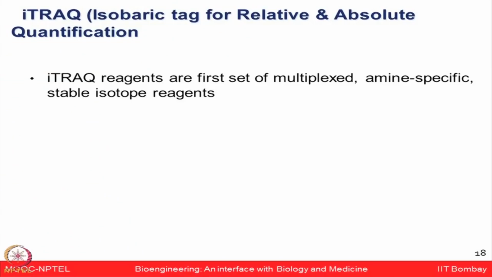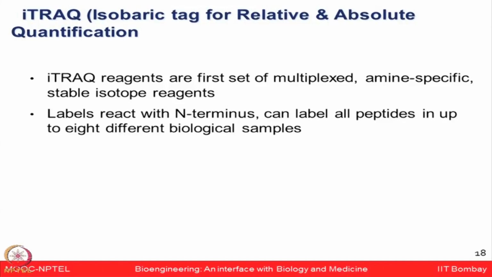The iTRAQ reagents are multiplex reagents which are mainly amine specific, stable isotopic reagents. They can label the proteins by reacting on their N terminal sequence, and then you can use 4-plex or 8-plex iTRAQ, or you can use even 4 to 8 comparisons, different biological conditions to be compared by labeling with these types of iTRAQ reagents.